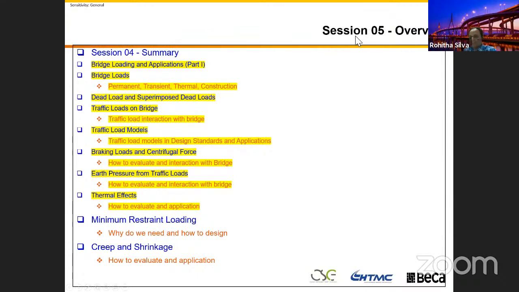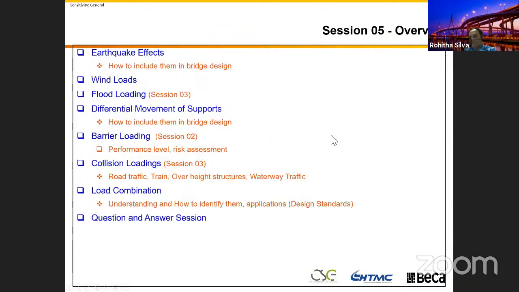So then we jump into our presentation. Today we're going to discuss restraint loading, creep, shrinkage, and then the earthquake, wind loading, flood loading, differential movement, support movement on a bridge, and the barrier collision, and then finally the load combinations.